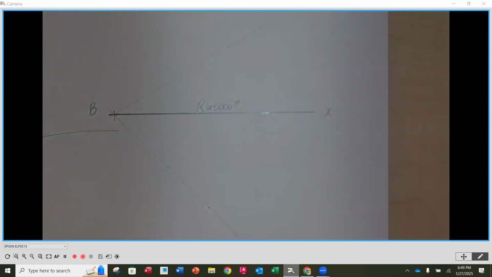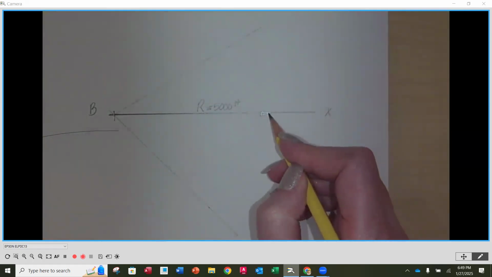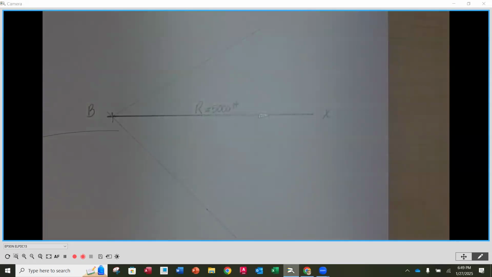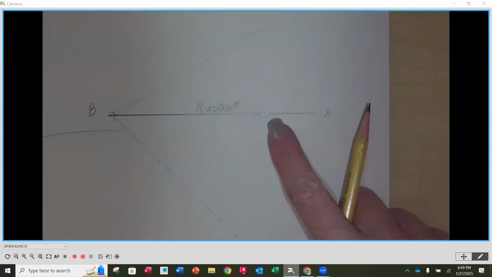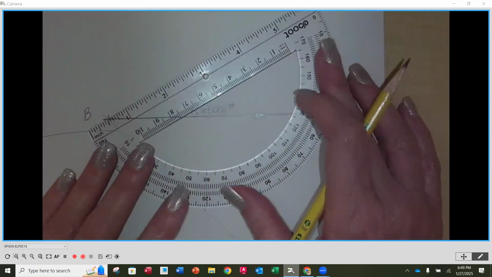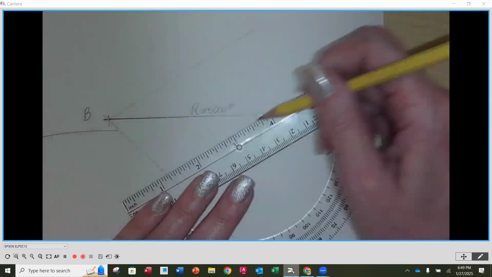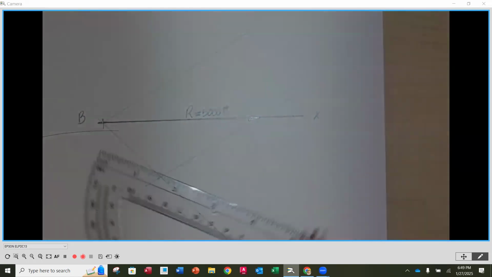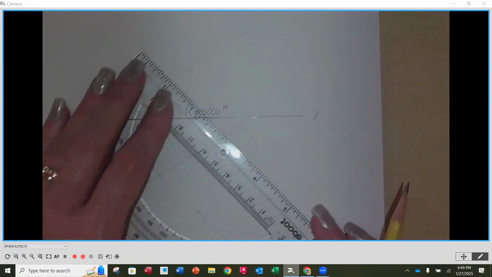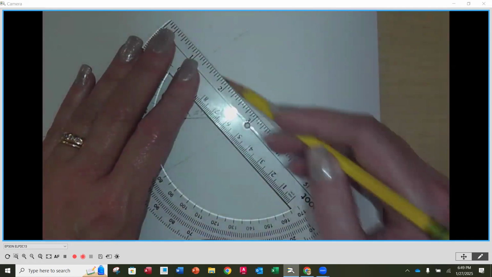Okay. Now, I know my endpoint. I identified the 5,000. Now, I just randomly picked this length. I didn't scale it out. But at this endpoint, then, I am going to draw a line parallel through here. All right. And then I'm going to draw a line parallel through here on that endpoint.